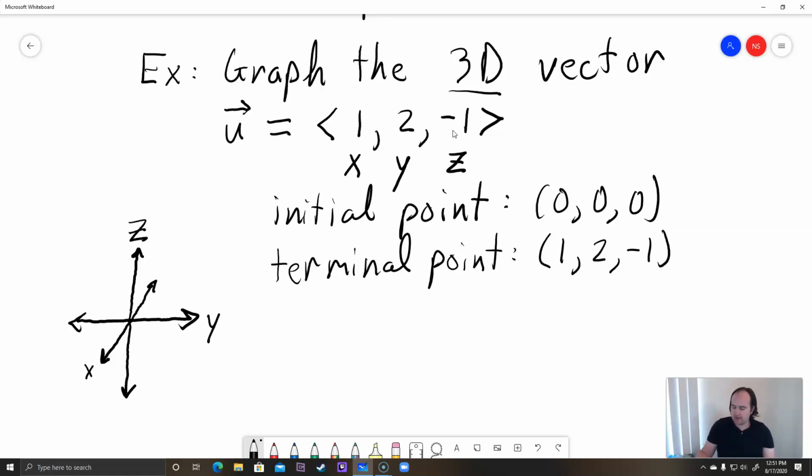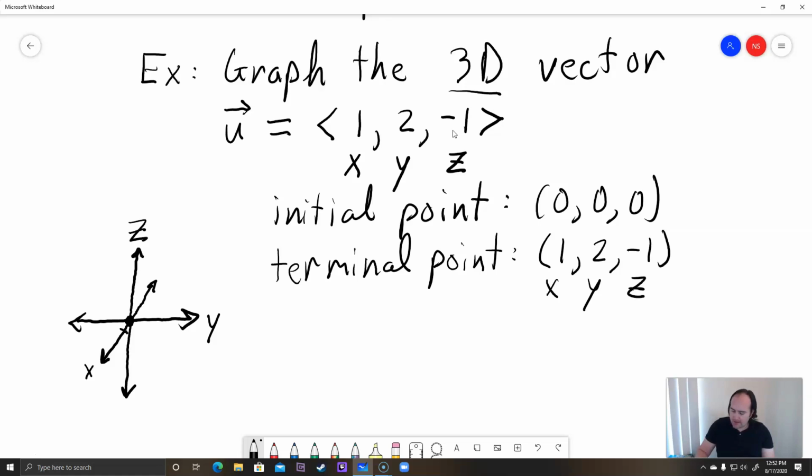If I want to do a sketch of this vector, we're going to start at 0, 0, 0, so that's at the origin. That's our initial point. And then our terminal point is going to be, well, x is 1, y is 2, and z is negative 1. So I'm going to go 1 out on the x-axis, that's right there.